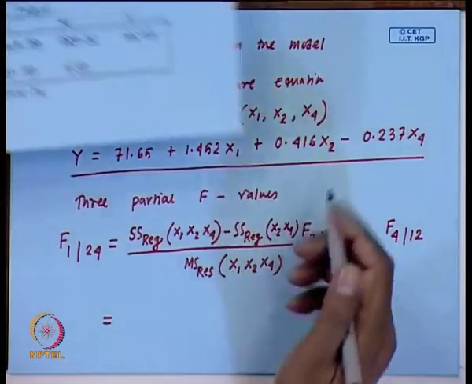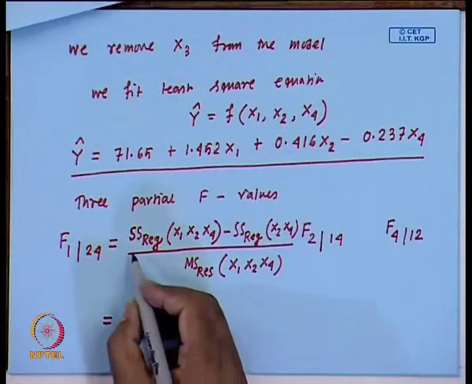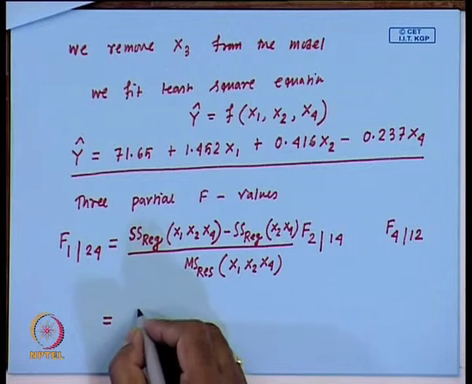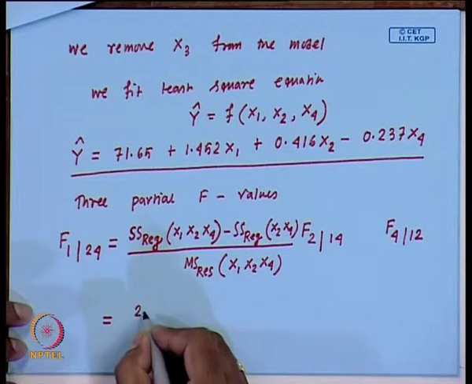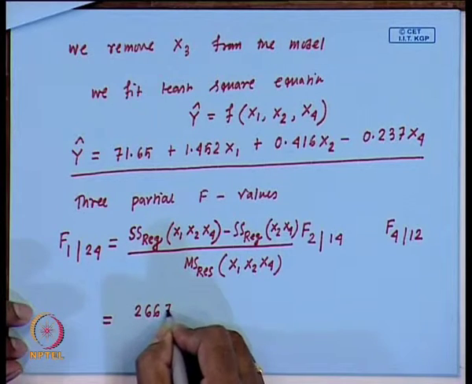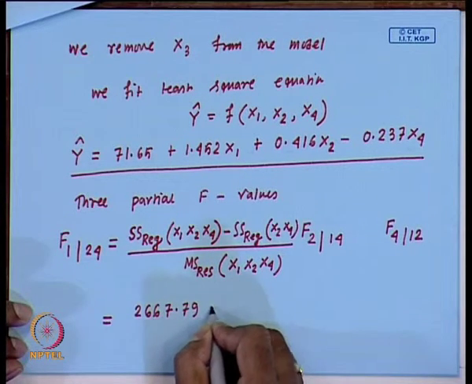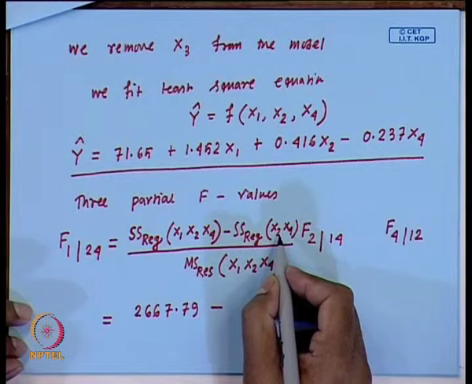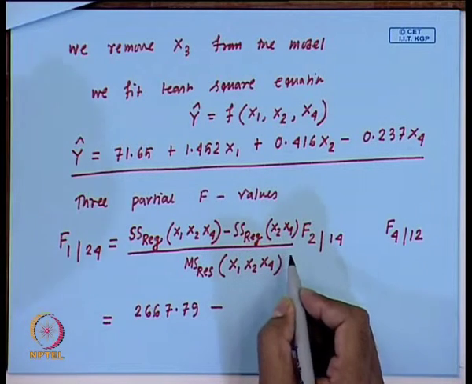So, at this moment my full model is this one. So, SS regression is 2667.79. I do not know the value of this one. Okay.